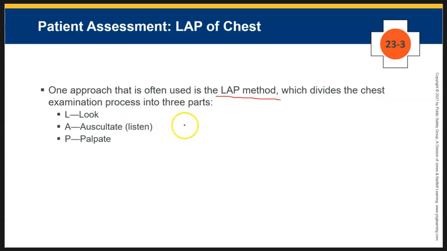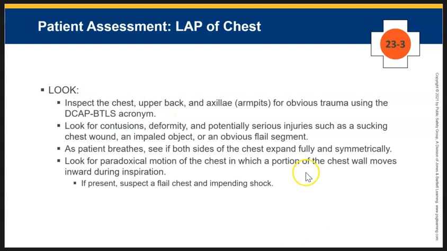Look, auscultate, and palpate. So when we look in secondary assessment, we'll still stay with our secondary assessment and our DCAP-BTLS. Perhaps we see bruising on the chest wall, which could indicate a potentially serious injury underneath. We're looking for P, penetrations or punctures in the case of an open chest wound or an impaled object.